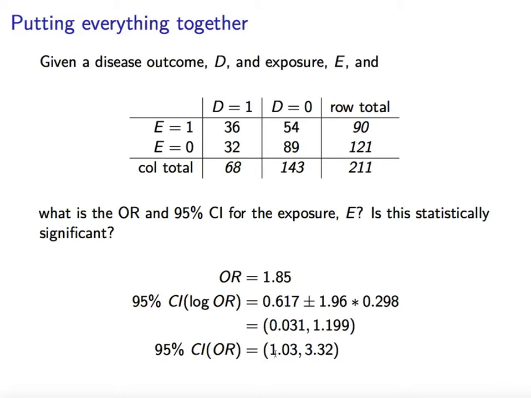We exponentiate, and our confidence interval for our odds ratio of 1.85 is 1.03 to 3.32. So it would appear that our odds ratio of 1.85 is statistically significant, since 1 is not included in the confidence interval, just barely. And if you're looking at it on the log scale, you would see that 0 is not included in the confidence interval on the log scale.